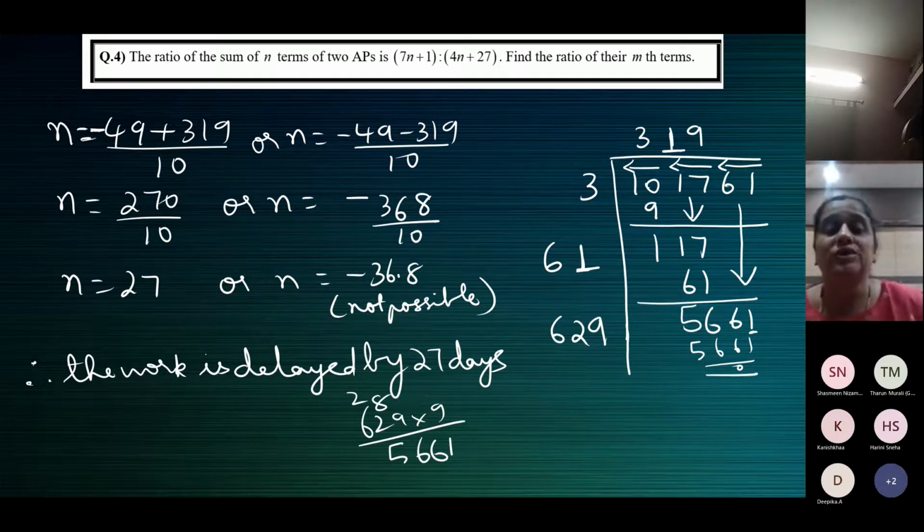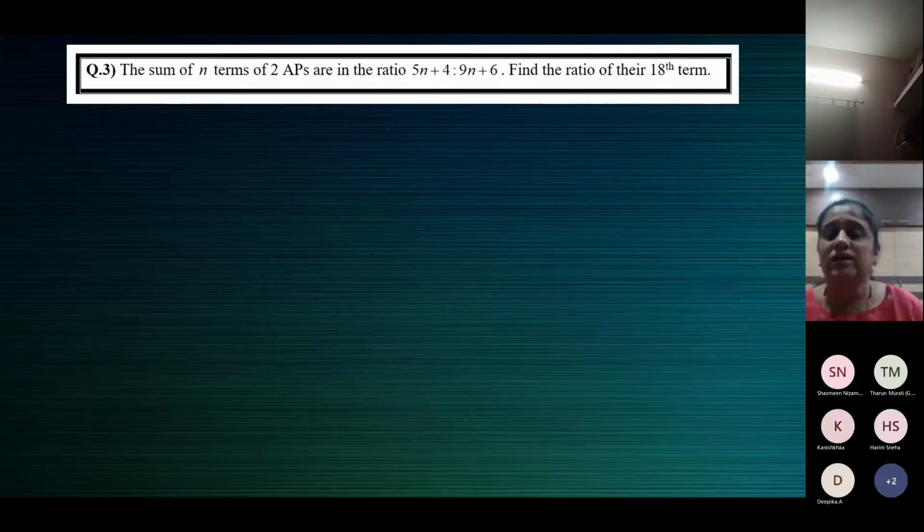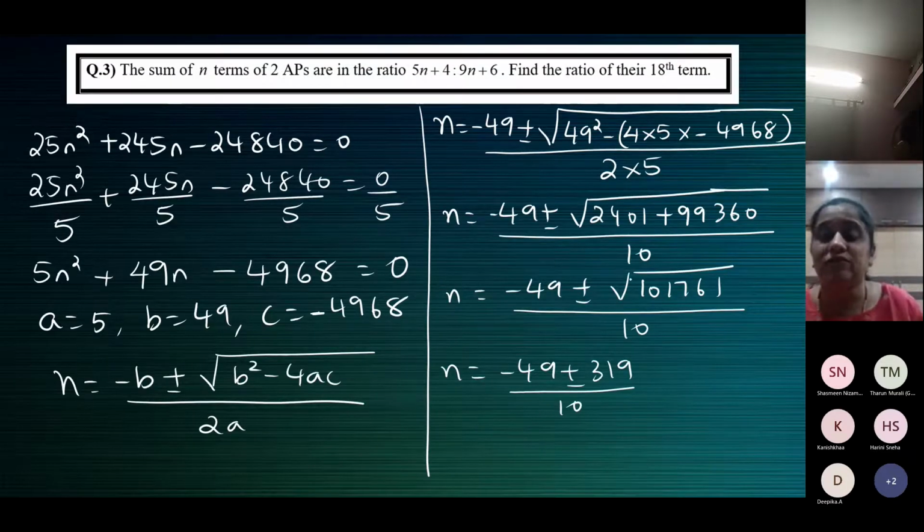You can see here, we are handicapped if you do not know how to find the square root of 1 lakh 1761. If you cannot, you will not be able to proceed. You know how to solve it, but you have forgotten how to find the square root of this number. Then you cannot proceed.